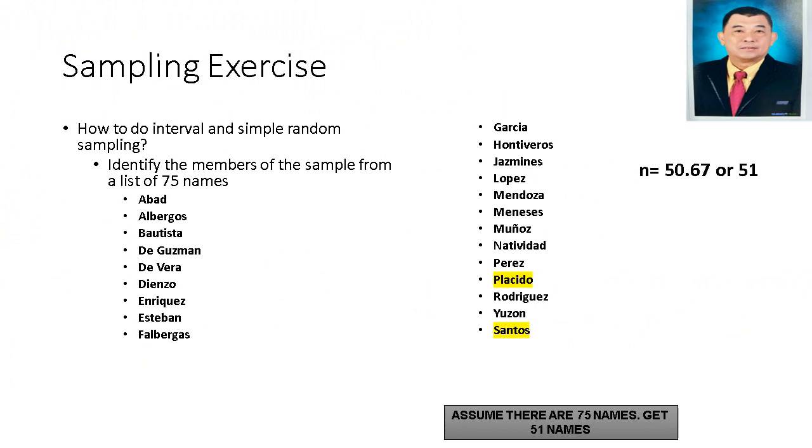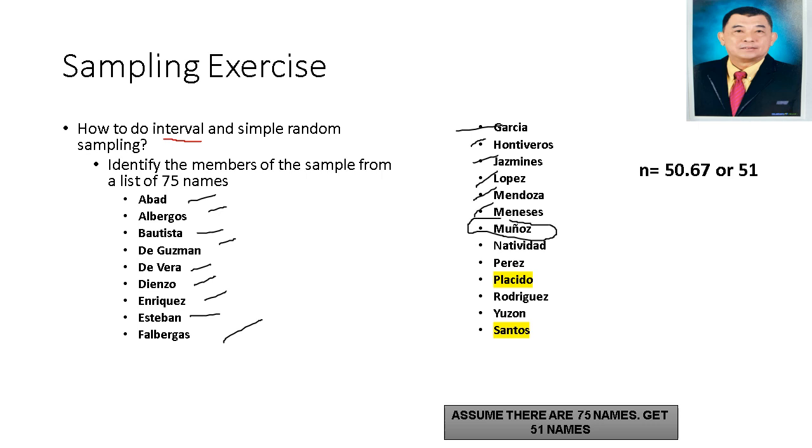However, there is an instruction that the interval sampling is going to start after the 16th person, and then the interval is every 3. So we count 1, 2, 3, 4, 5, 6, 7, 8, 9, 10, 11, 12, 13, 14, 15, 16.